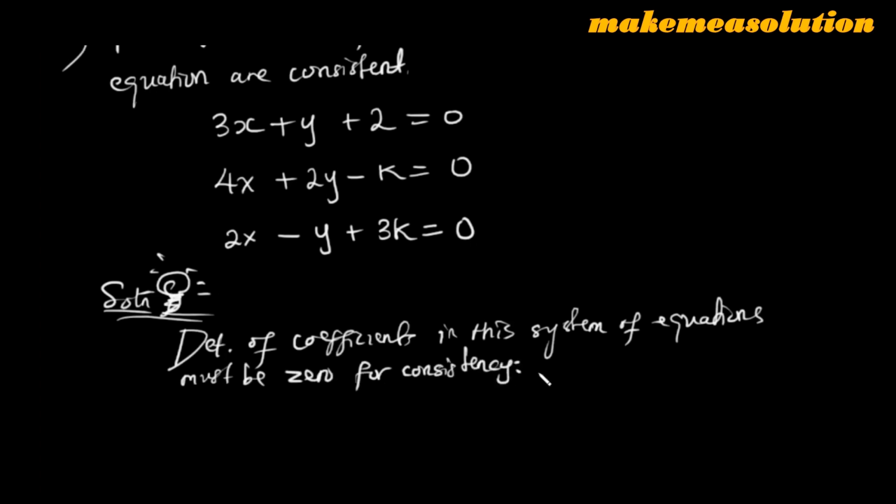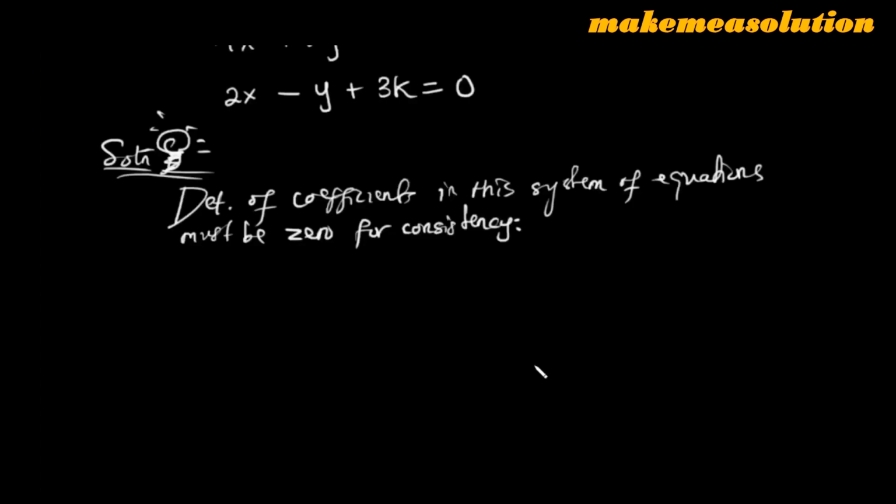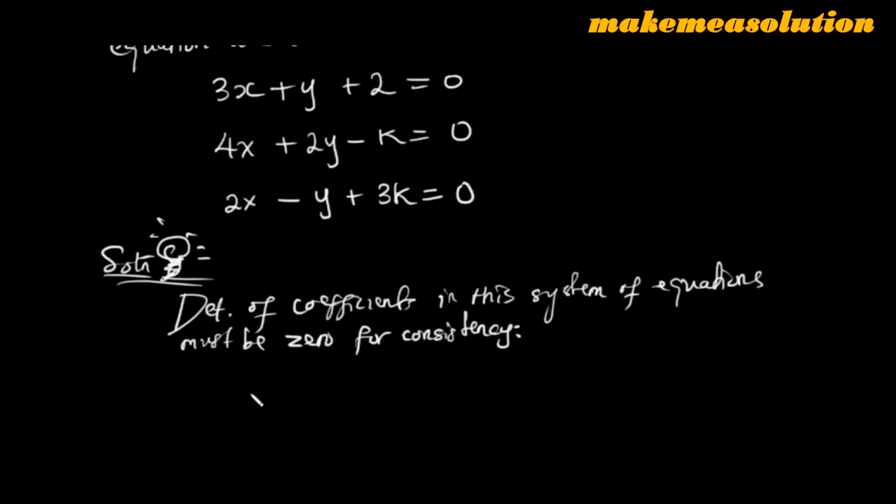So let's apply this rule and see what we'll get. Let's form the coefficients determinant matrix. You have 3 for this one, and you now have 1, and you now have 2 over here. Then you now have 4, you have 2, you have -1, you now have 2, -1, you now have -3k.